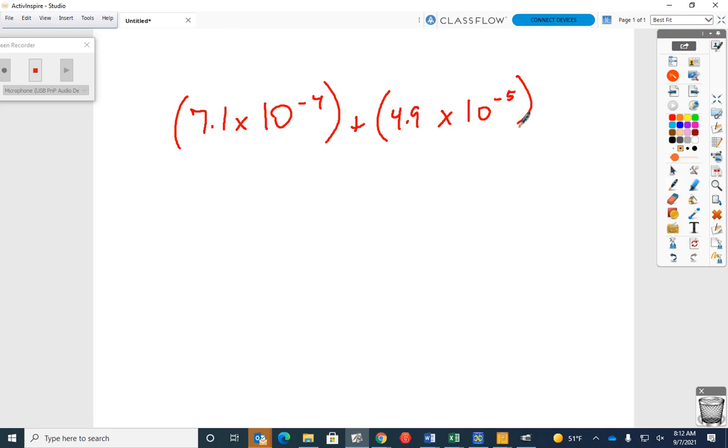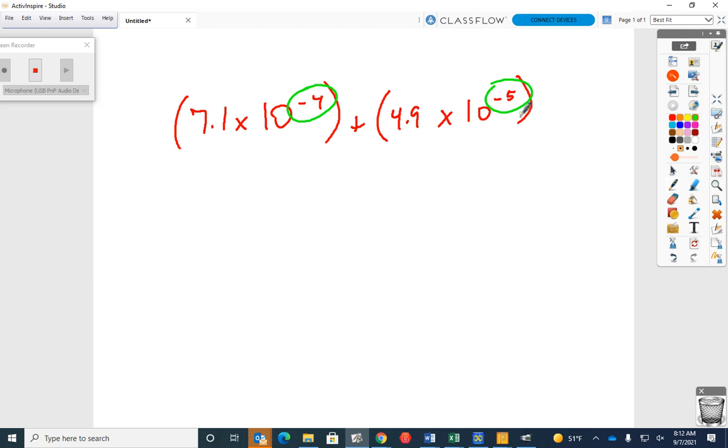Now, in order to add these together, what has to be the same? The exponents have to be the same, don't they? So how can I get those to the same? I can move negative 5 up. Do you understand why it's up? Because they're negative.